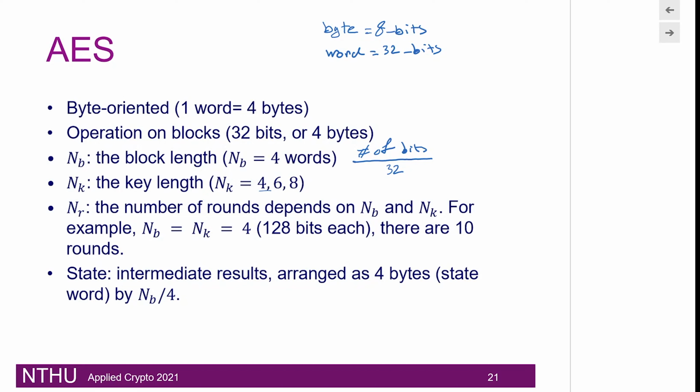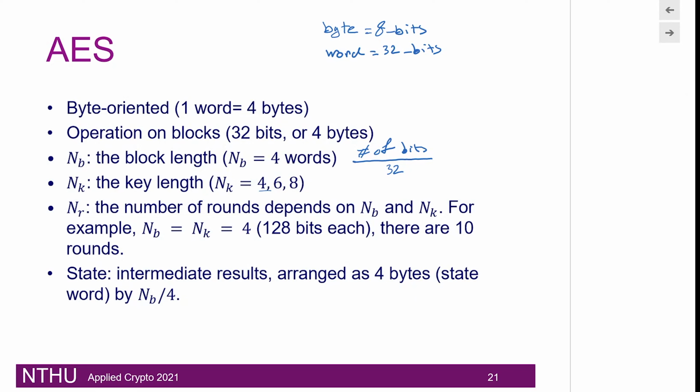The AES algorithm, just like the DES, is also an iterative encryption, which means that we have a for loop. Rounds continue to happen until we do all the computation and produce the corresponding ciphertext.